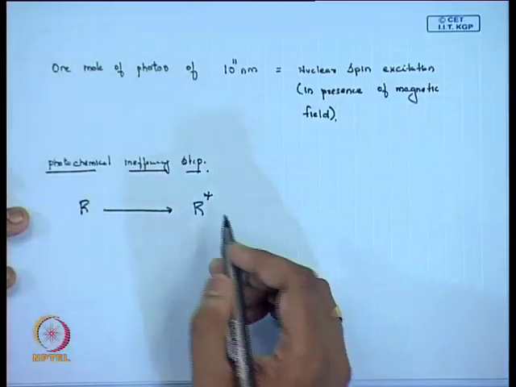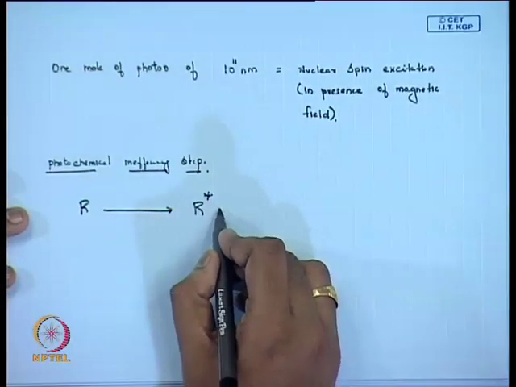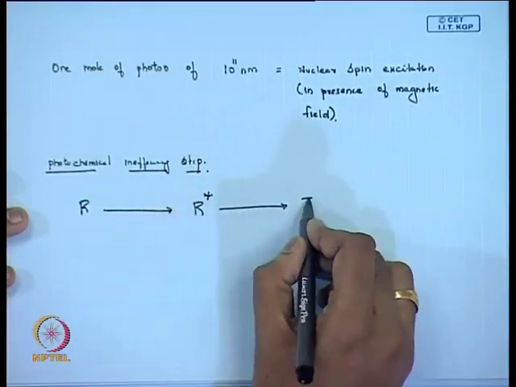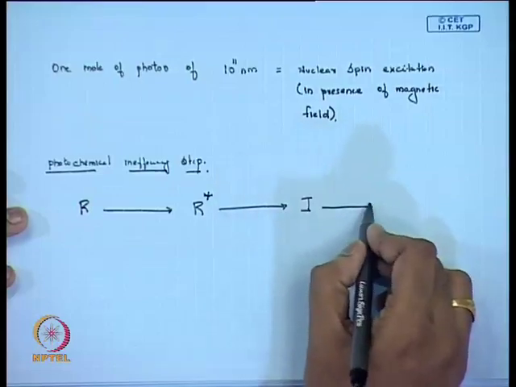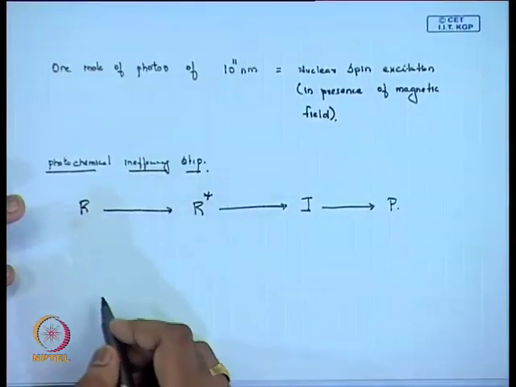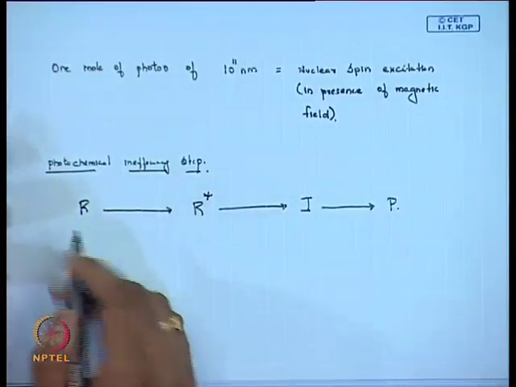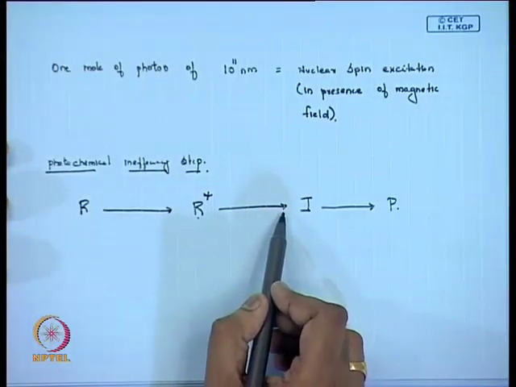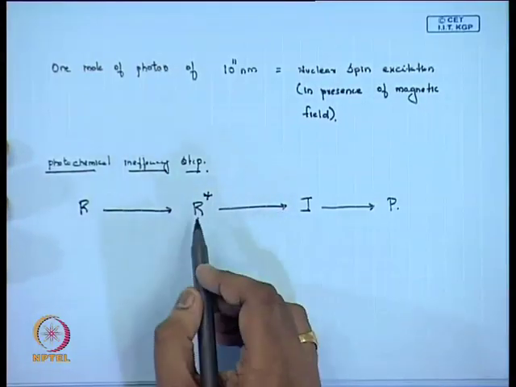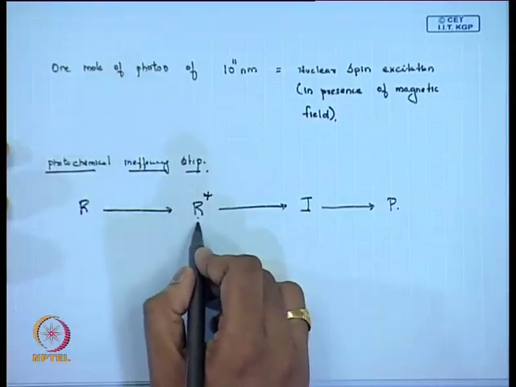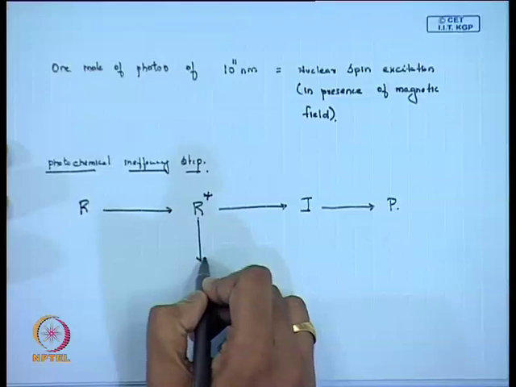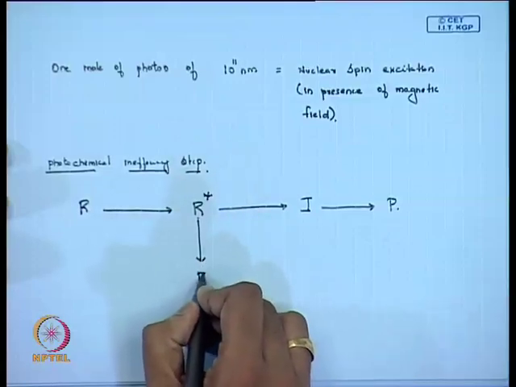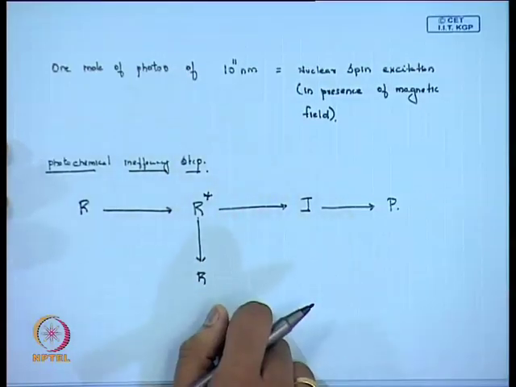Okay. We can say now your R star gets to your I, this I gives you the product P, but it is not true in all cases that your R star should give you the intermediate I. Sometimes your R star can undergo a process to give you the starting material R back.